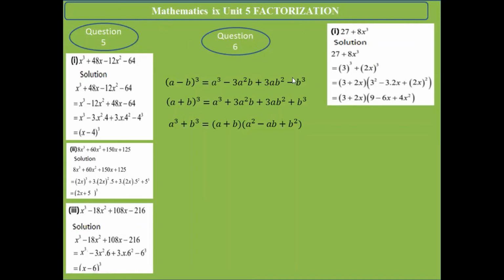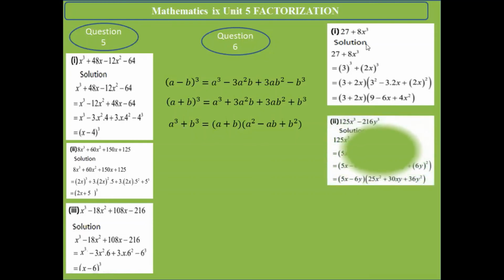So 3 cube plus (2x) cube can be factorized as (3 plus 2x)(3 square minus 3 times 2x plus (2x) whole square). So 3 square is 9, 3 times 2 is 6x, and here is 4x square. So this is how we can factorize this type of question.